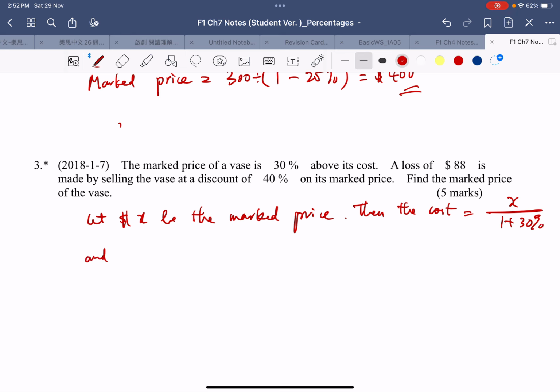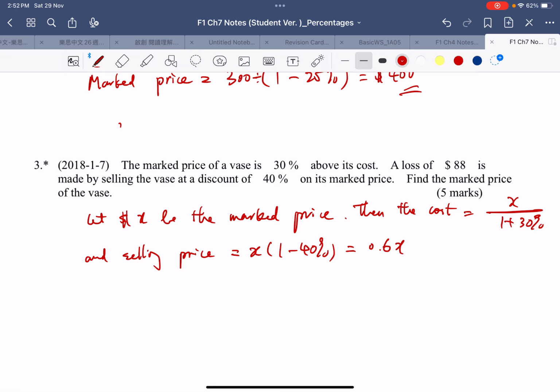And also the selling price, this is a quite difficult question. Selling price equals something about X, and then this selling price is just 0.6x.